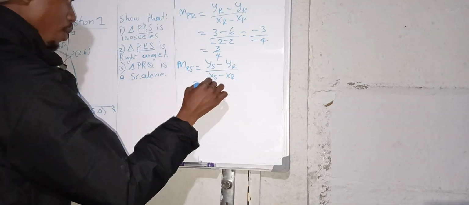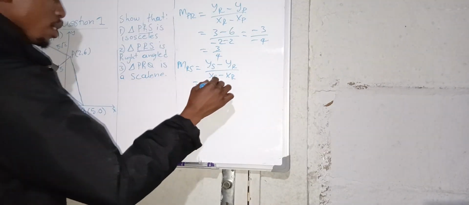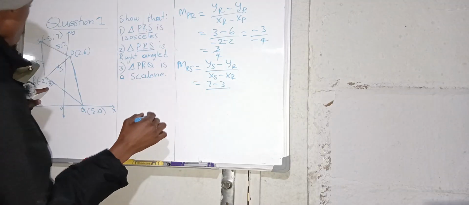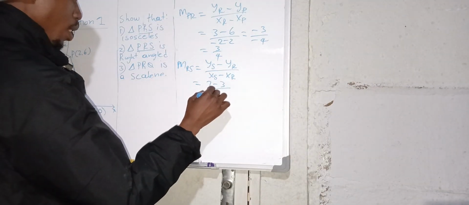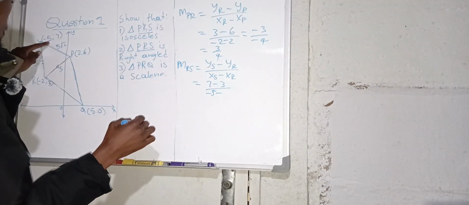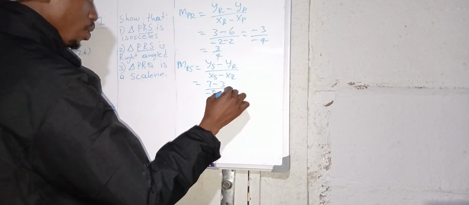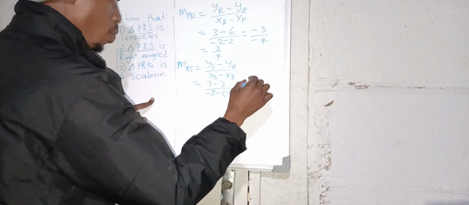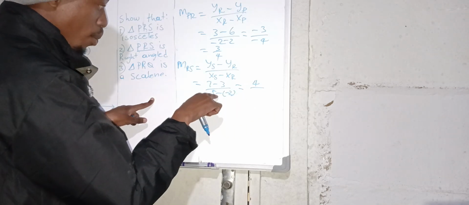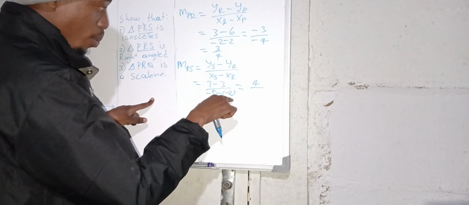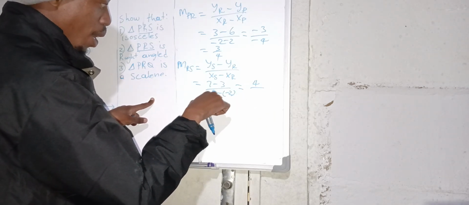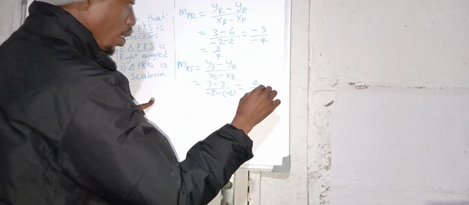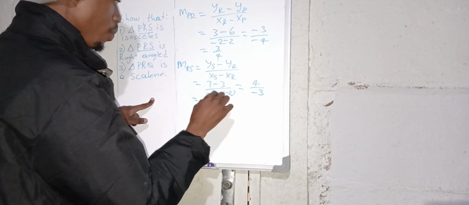Ys is 7, minus YR, which is 3. Xs is negative 5, Xr is negative 2. On top there, I'm going to get a 4. In the denominator, negative 5 plus 2 is going to give me negative 3.